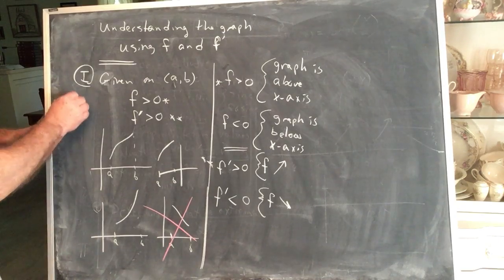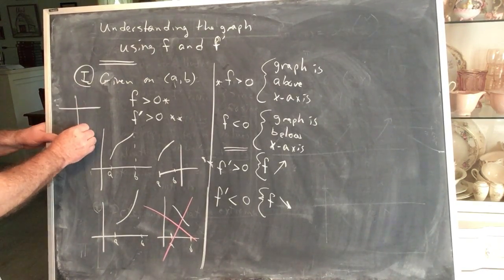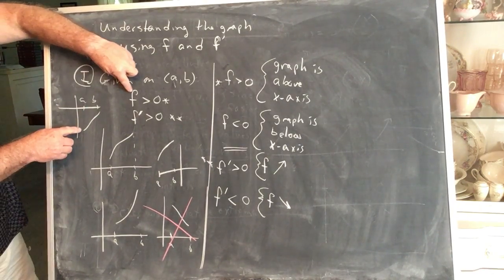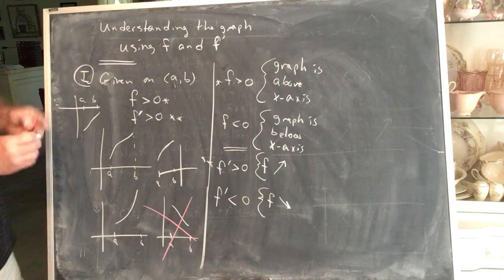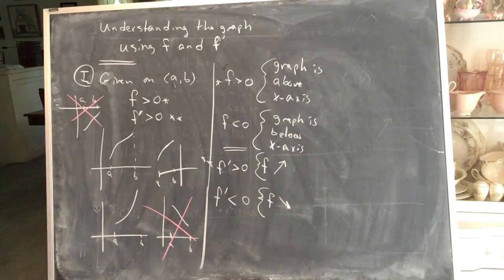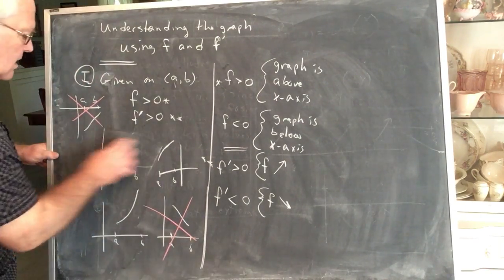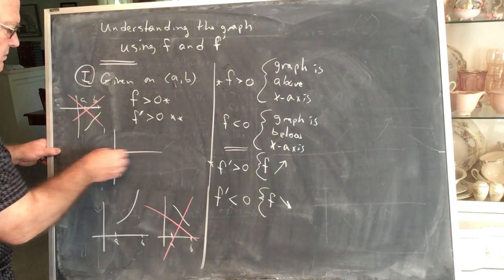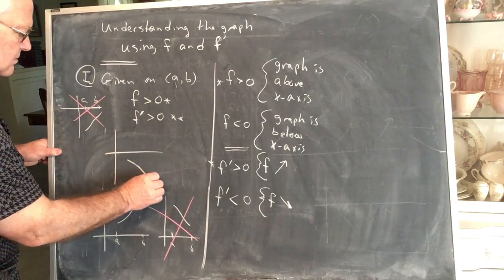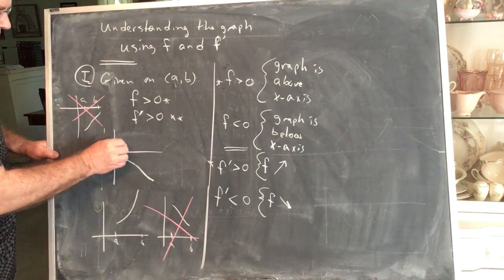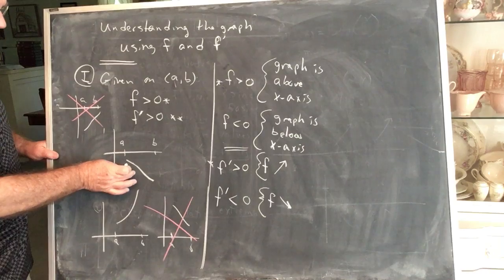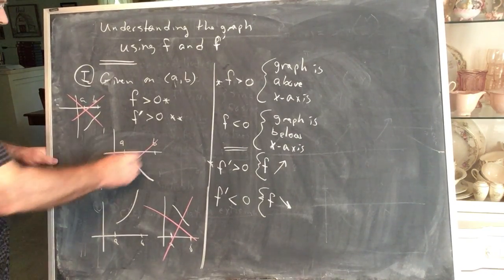Another example where it would fail would be if we had this picture. In this case, we violated the f greater than 0 requirement. And then another quick sketch here. This actually fails both requirements. The curve is not above the axis. The derivative is not positive. It's not increasing. This fails both requirements.